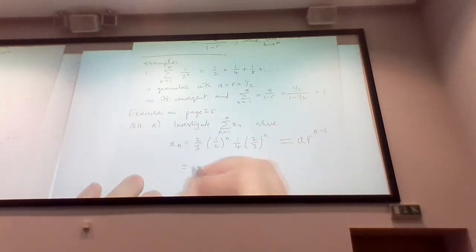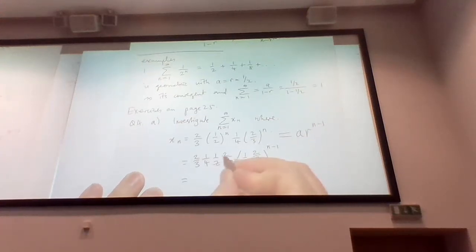So I'll take this 2/3, this half, and I'll reduce these exponents down to n minus 1 by taking out one of the halves, one of the 2/3. Then it's going to be a half to the n minus 1 multiplied by 2/3 to the n minus 1. But of course, the property of powers is that the product of two powers with the same exponent is just the power of the product. So it's going to be a half times 2/3, which simplifies somewhat to 1 over 18.